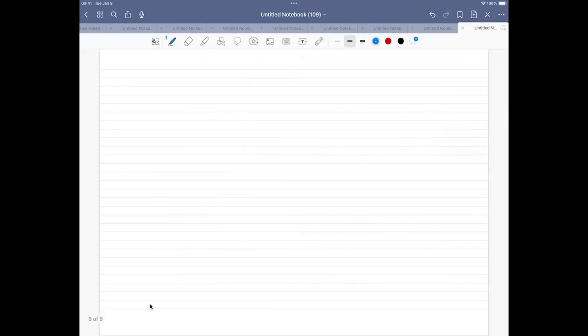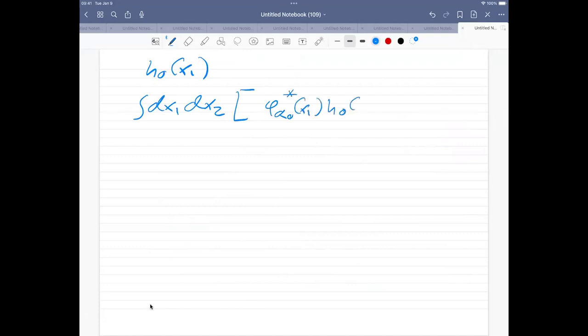So let's just spell out term by term. Now we look at the case where we have h0 of x1. If I look at these terms now, I'm going to have 4 integrals of dx2, and I'm just going to spell them out. So there will be one term, which is phi alpha 0 x1, and then I have h0 x1 acting on phi alpha 0 x1.